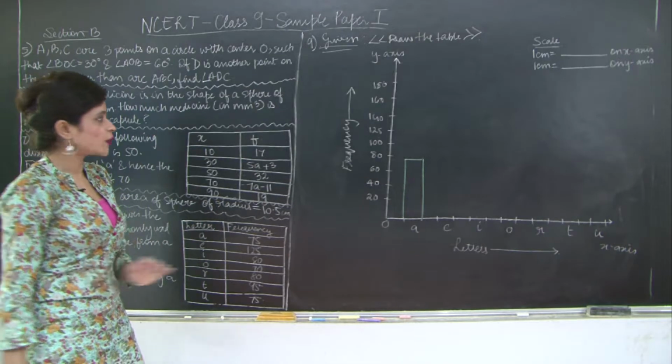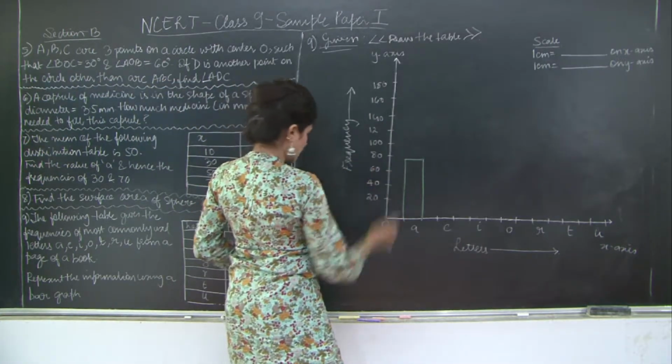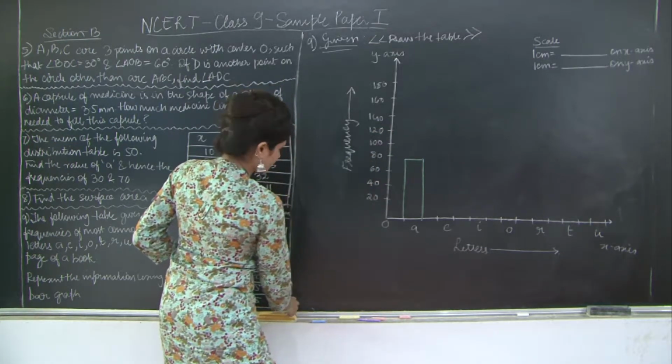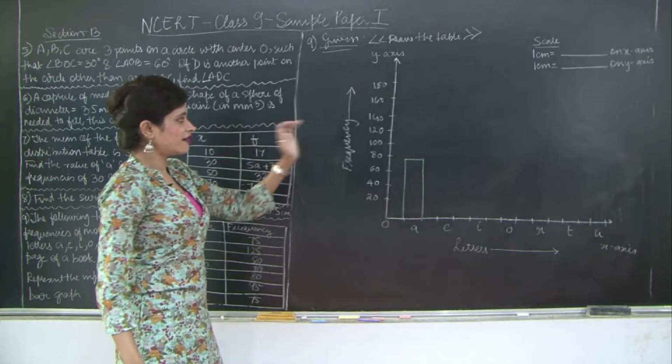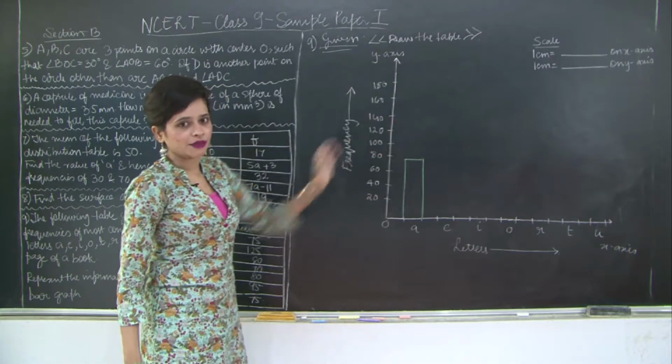Then what about E? E is 125. Oh, this is going to be 120, not 125. So 125 will be between 120 and 140 and above half of this gap here.